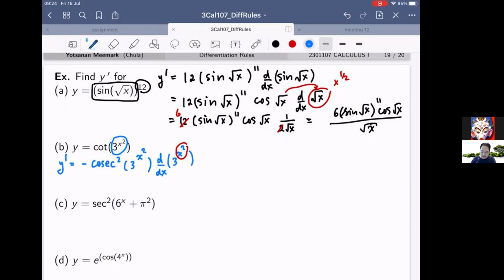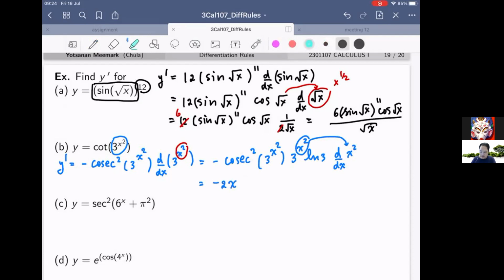So it becomes negative cosecant squared of this one, and then a derivative of 3 to the u will be 3 to the u log of 3, and then derivative of this one inside. This is just 2x, so we can say that this is negative 2x, with the negative, and then cosecant squared of 3^(x squared), 3^(x squared) log of 3.